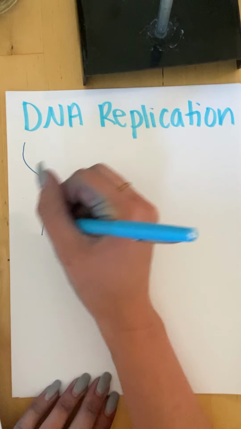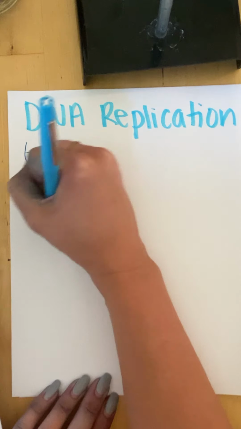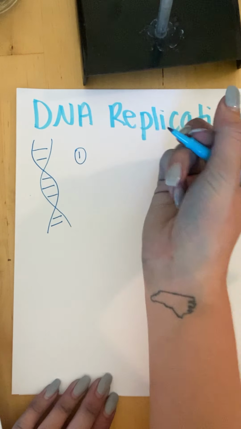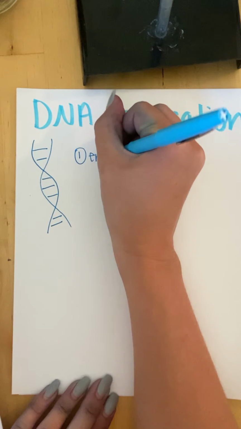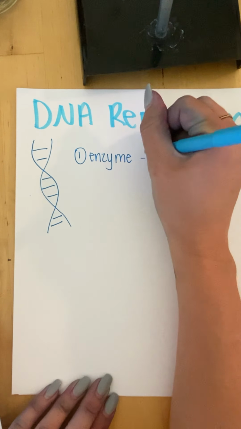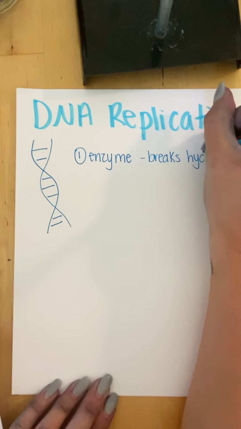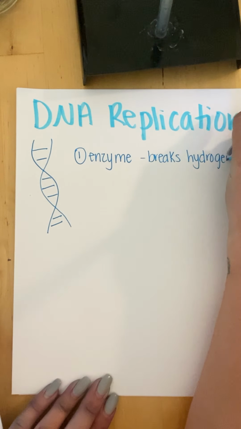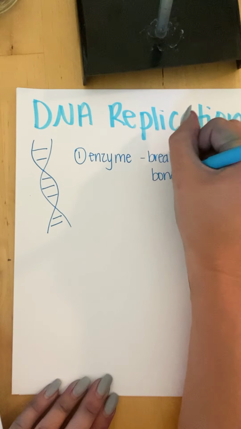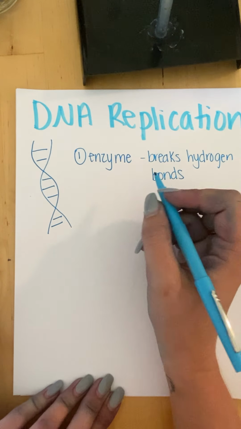Remember that it forms a double helix structure, a two-sided strand. Step number 1 is that an enzyme comes in, and the enzyme breaks the hydrogen bonds. Remember that we learned that hydrogen bonds are weak bonds, and that's what's holding those nitrogen bases together.